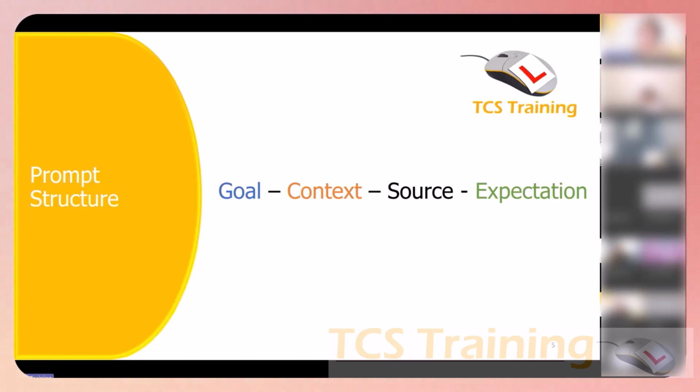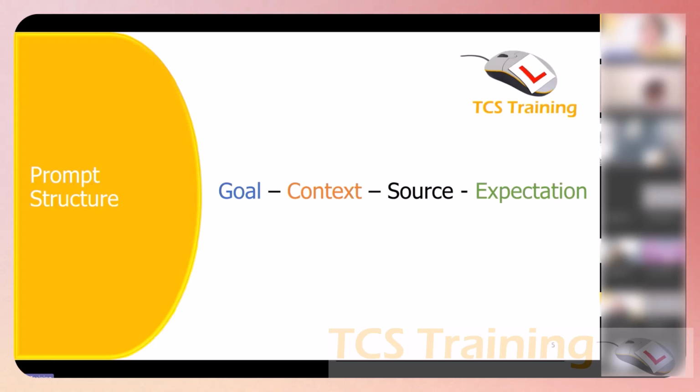Maybe you want to create a proposal, you want to create an email. Give it the context that you want it to use. Give it the source, the file, the information you want it to work with, and then lay out some level of expectation. I want you to do this in a professional way. I want this to be fun. I want you to act as a coach, something like that.